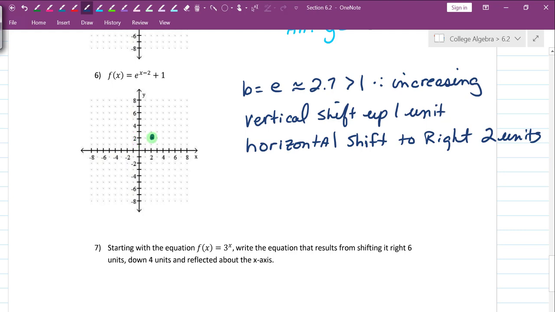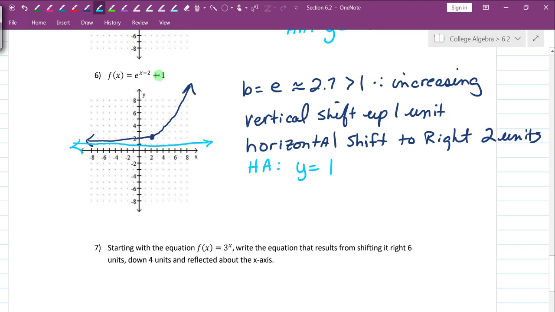We're an increasing function, so we know that our function looks like this. And we have our horizontal asymptote right there. Horizontal asymptote is y equals 1. It went up 1, okay?